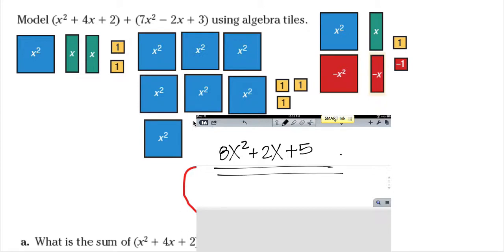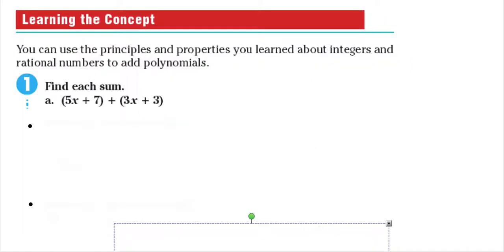So the sum of these two polynomials is 8x squared plus 2x plus 5. That's how you use algebra tiles to model the sum of those two polynomials.